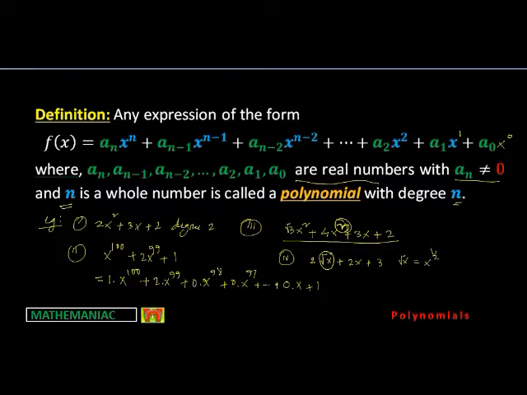So the last number we allow for the variable's power is 0; otherwise all are whole numbers. Here the power is not a whole number, so this is not a polynomial. This you already got in class 9, so you will not find much problem with it. Okay, let's move on to the next slide.